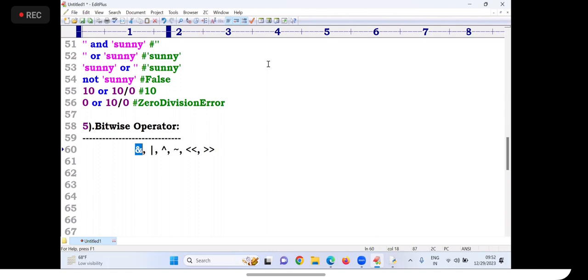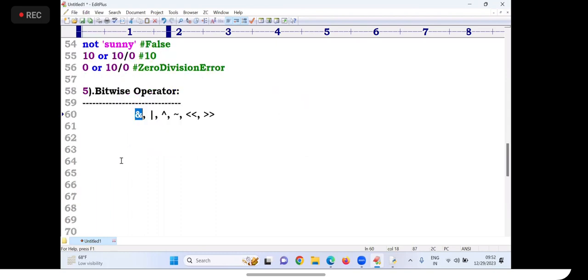Do you know the truth table? True and true, true and false, false and true, false and false. Same like that. Observe the table: 0 and 0, 0 and 1, 1 and 0, last combination 1 and 1. It always talks about zeros and ones only, not numbers.